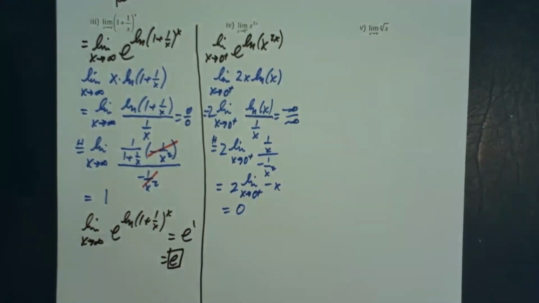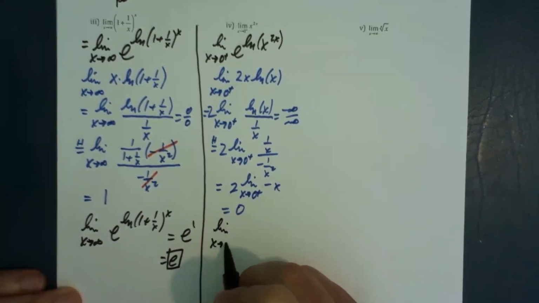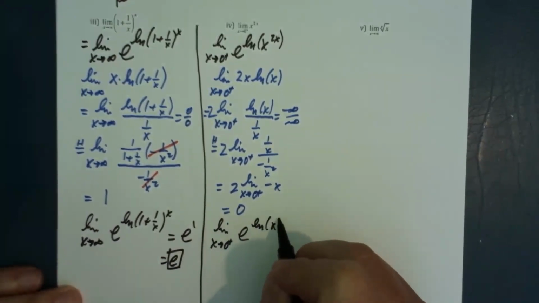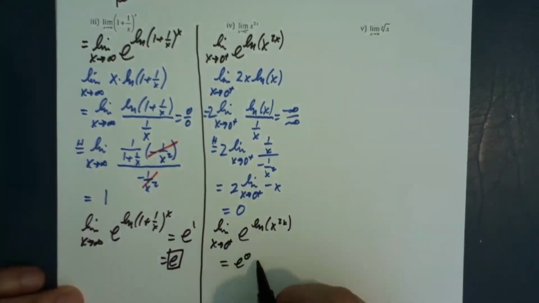Now, once again, I'm not done. The limit as x approaches 0 from the positive side becomes e to the ln x to the 2x. So this becomes e to the 0 power, which is 1.